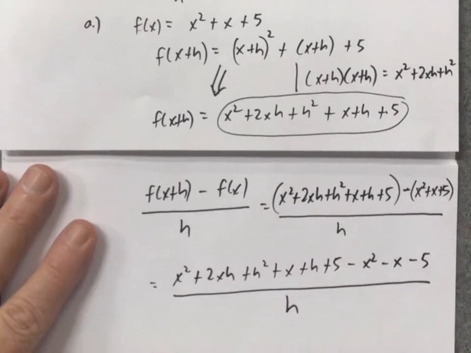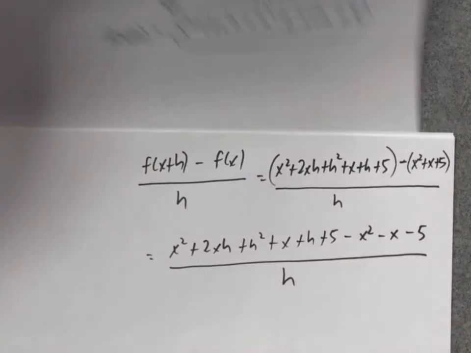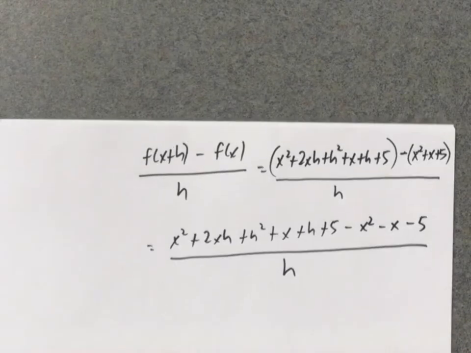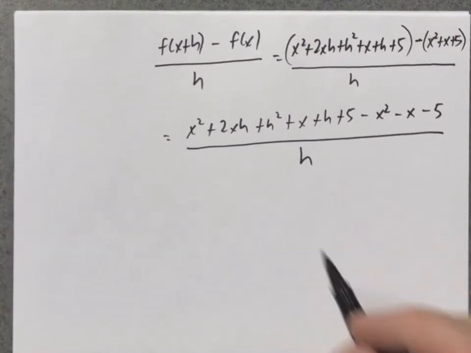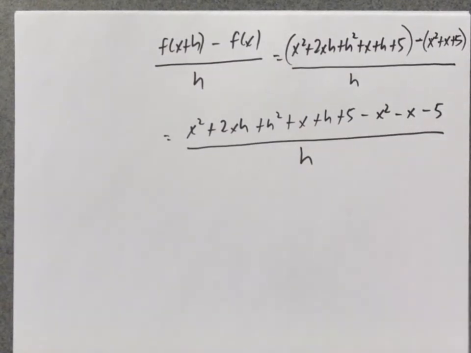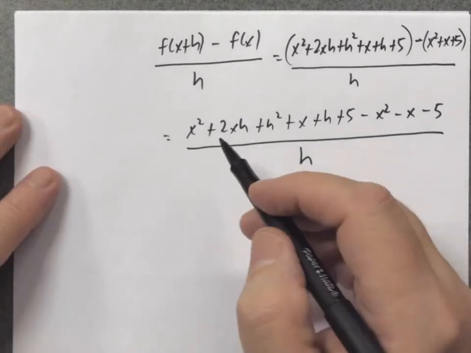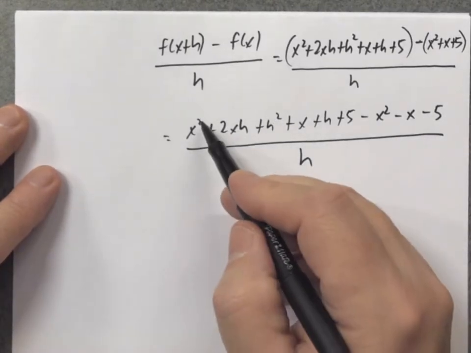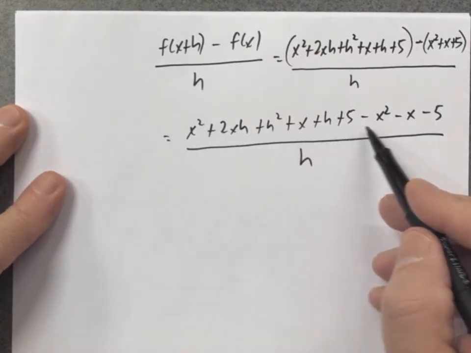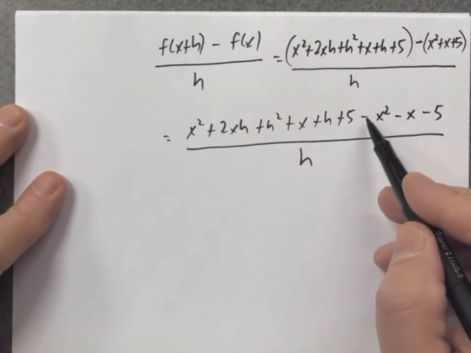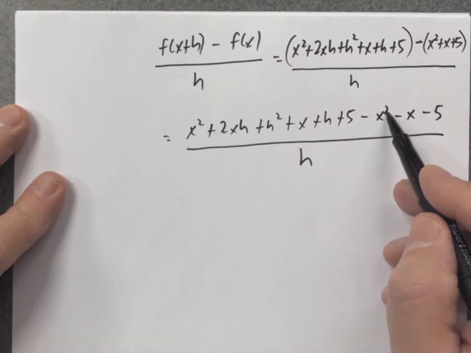Now, whenever you have one of these difference quotient problems, you know you've done it correctly at this point. A lot of this stuff in the top should cancel out. So for instance, I'm going to combine like terms. Here's an x squared. Are there any other x squared terms in here? Turns out right here. In fact, it's minus x squared.